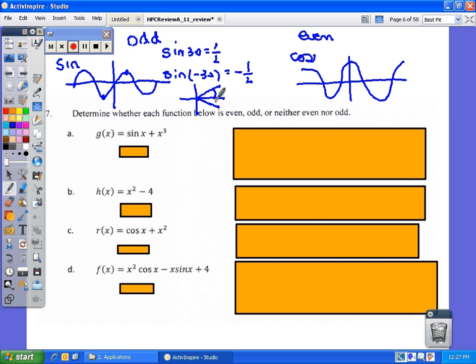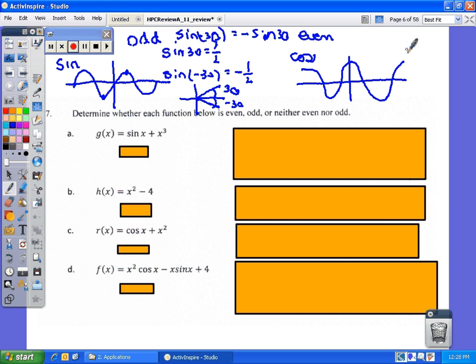But negative 30 would be here, and because you're in the 4th quadrant, it would be a negative value. So, the sine of 30 does not equal the sine of negative 30, but the sine of negative 30 does equal the negative sine of 30. So if you change the sign of the positive 30, well, sorry about that, you do get equal values.